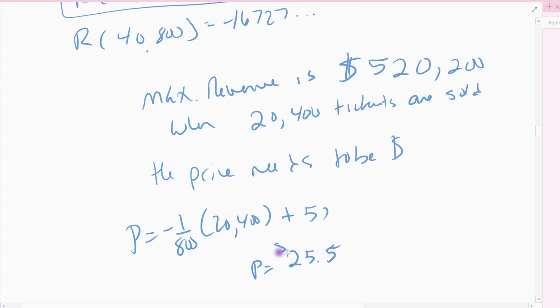They've almost actually got their perfect price. $25.50. $25.50 per ticket.